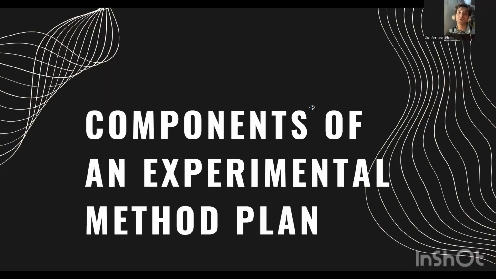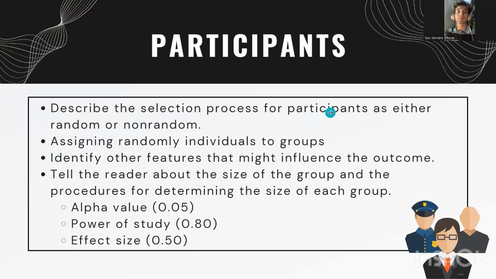Now I'm going to talk to you about the components of an experimental method plan. First of all, participants. Describe the selection process for participants as either random or not random. In many experiments, only a convenience sample is possible because the investigator must use naturally formed groups such as a classroom, a family unit, an organization, or volunteers.